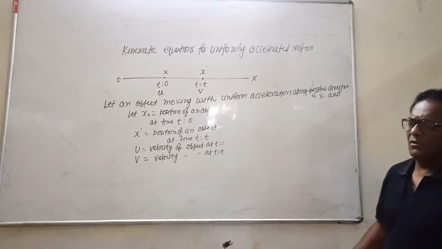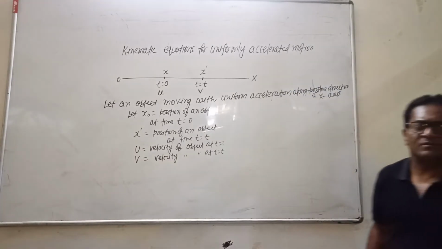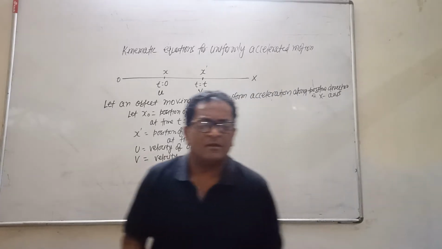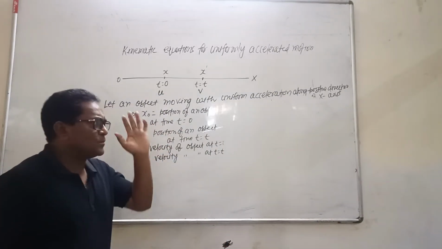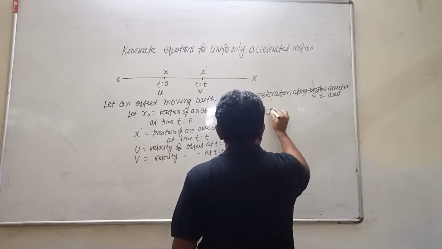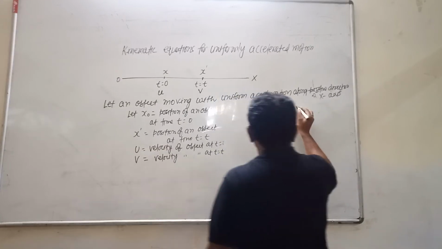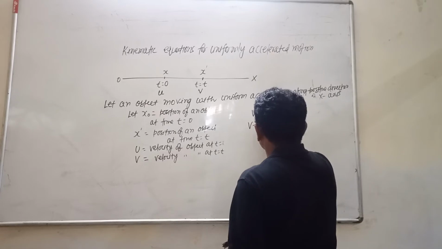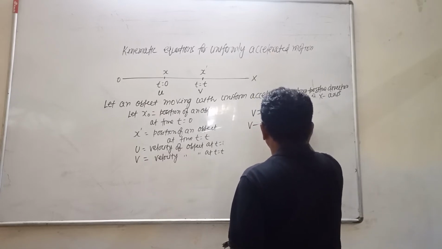Now for the third equation, we use the formula v equals u plus at. Our first equation was v equals u plus at, and v minus u becomes equal to at.